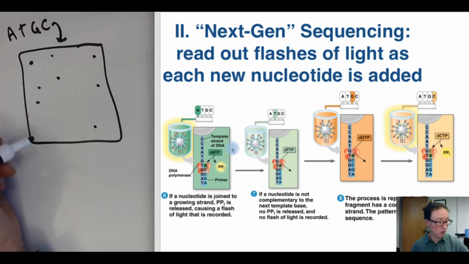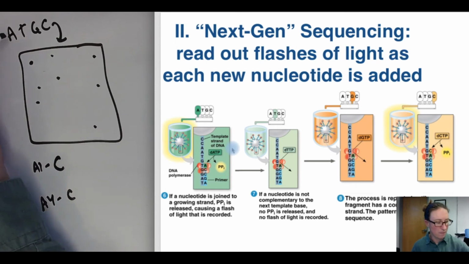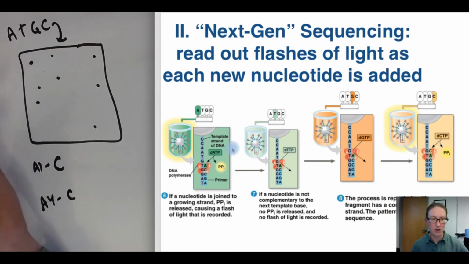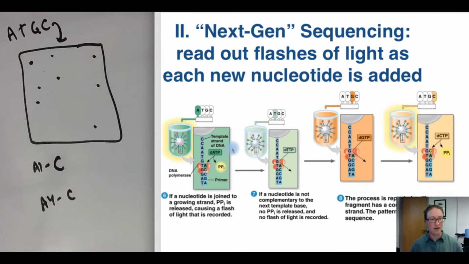Then a computer is going to record, okay, so well A1, C, A4, C. Then, if you put in G next, the computer is going to note, A2, G, etc. So the computer is going to build up sequences associated with all of the wells that are being run simultaneously.